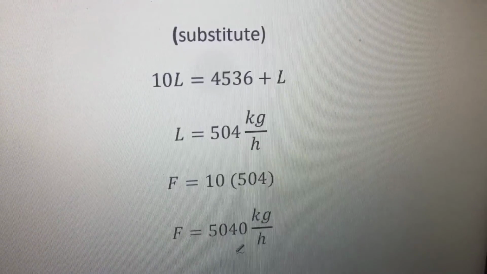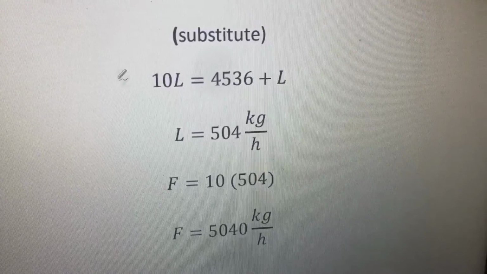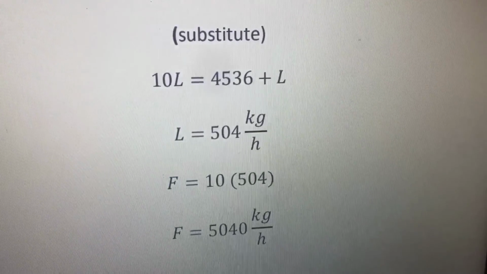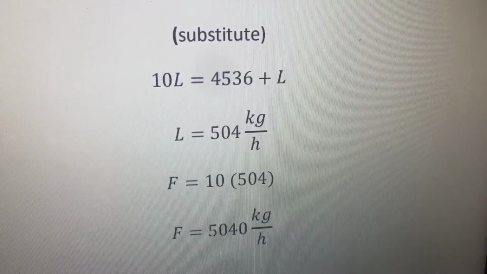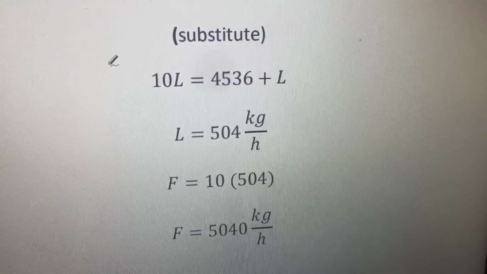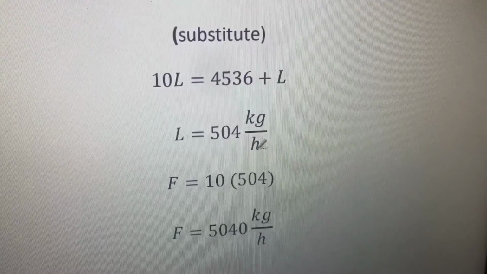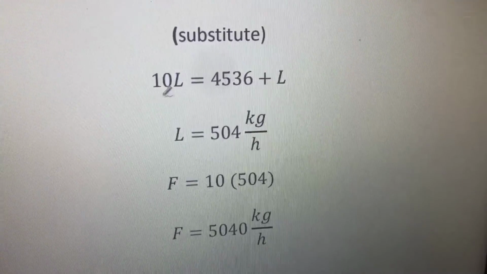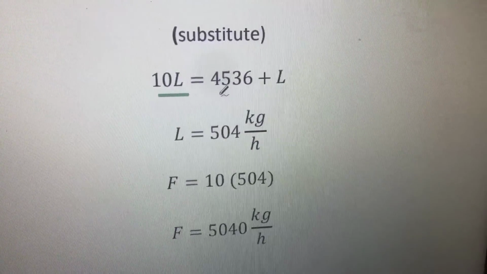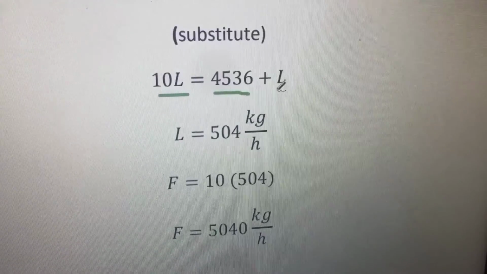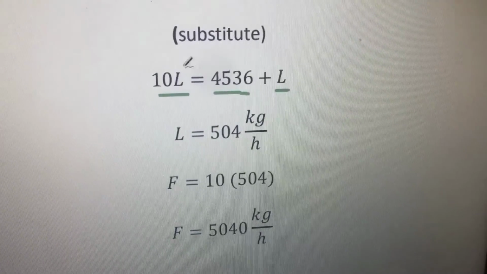As we solved, F is equal to 10L. So we're going to write 10L equals 4,536 plus L. As you can see, we only have one unknown, so we can solve for the value of L, which is 504 kilogram per hour.